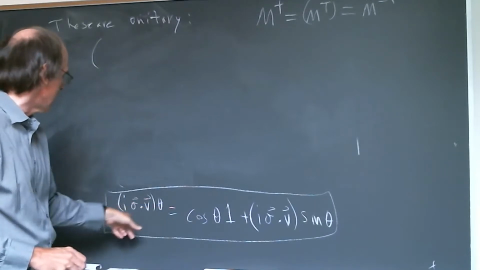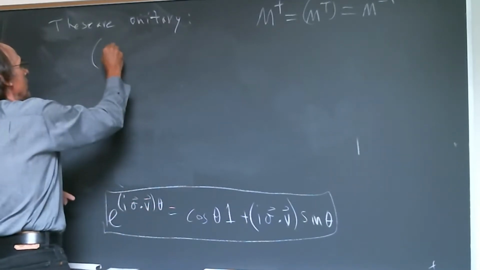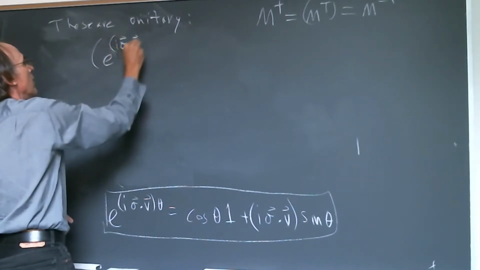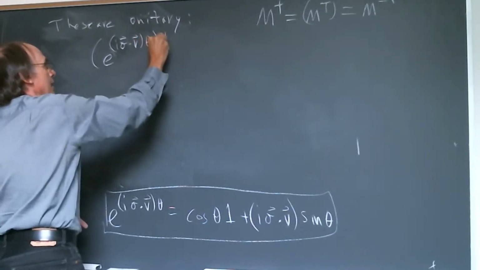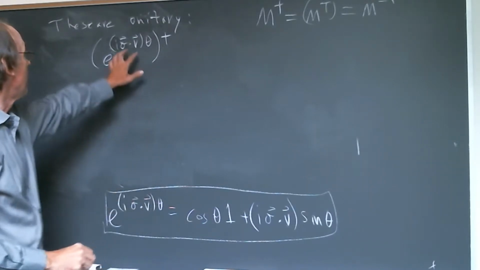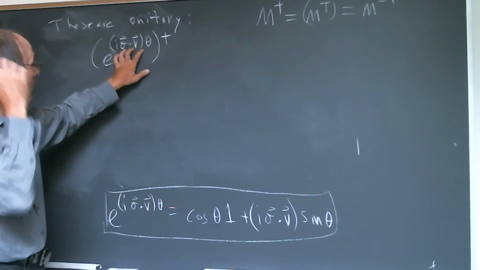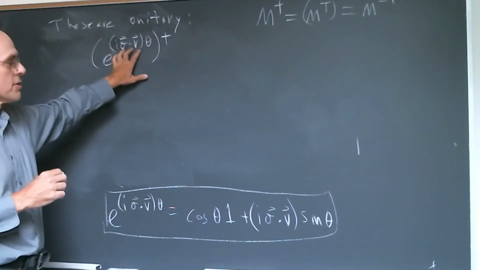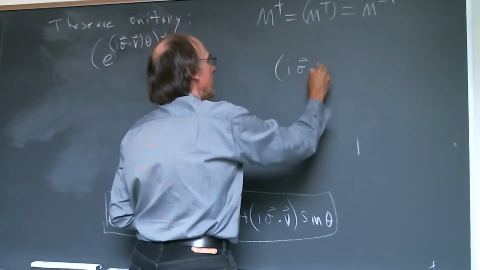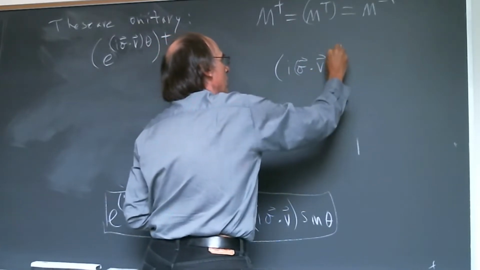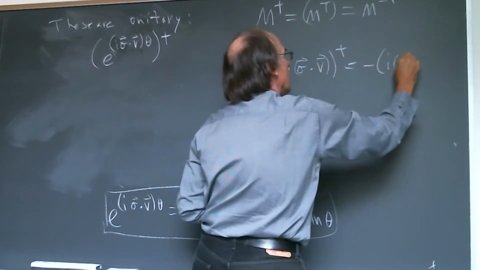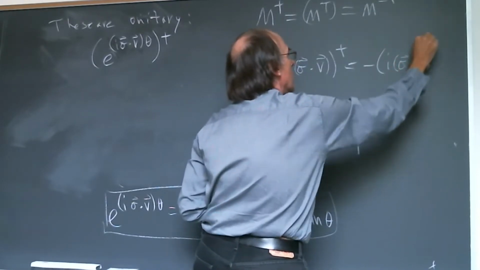But you can now calculate these. If you take the adjoint of this, you can use the fact that these are skew adjoint, so that i sigma vector dot v vector, adjoint, is minus itself.